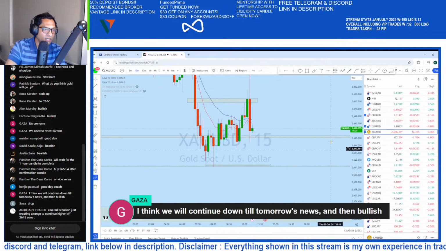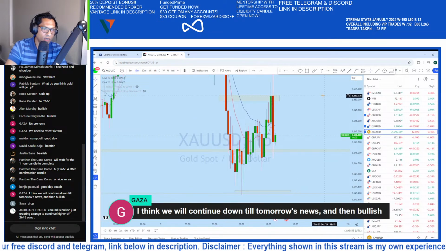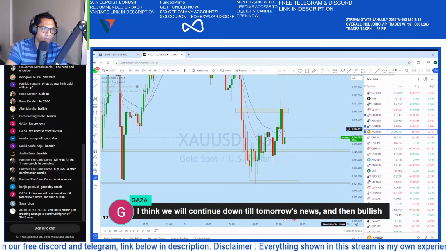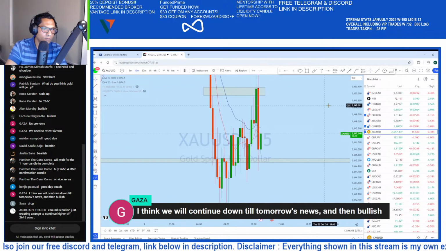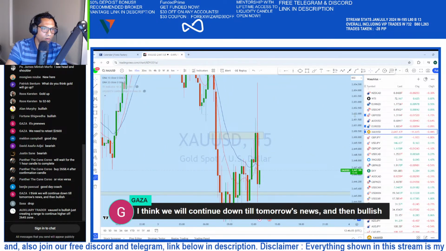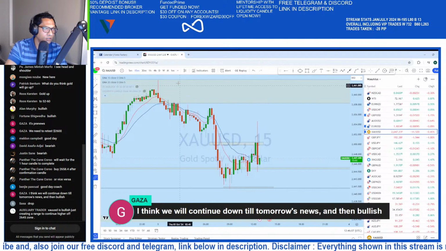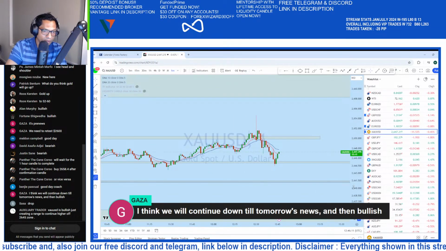I think we might see that we fill to the downside, most likely. Or potentially again rejection. First of all, we need to see the directional bias.